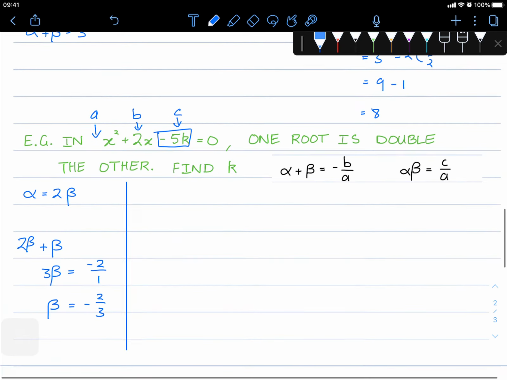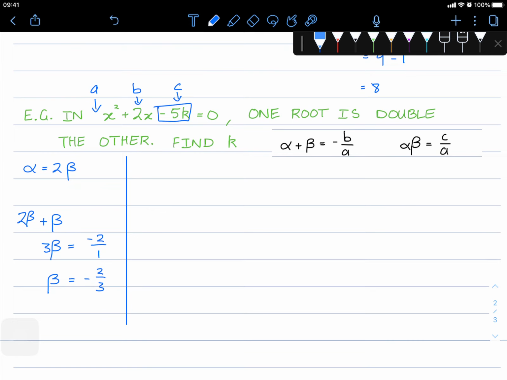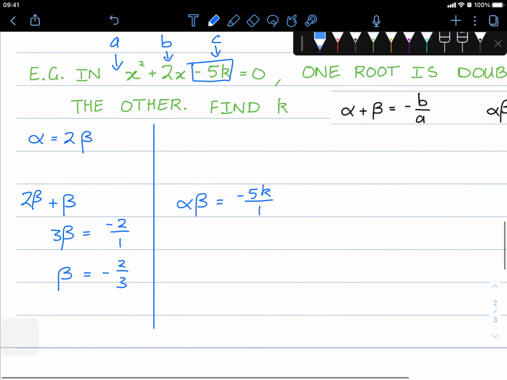Then from here, we're going to use the other expression, alpha times beta is equal to c on a. So it's going to be negative 5k on 1. But as we've said before, alpha is equal to 2 times beta.